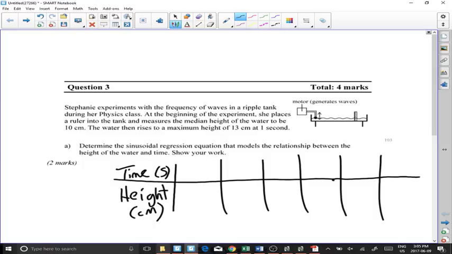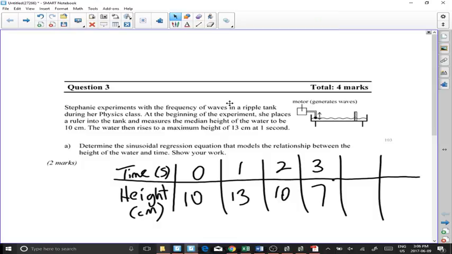At 0 seconds, it's at a height of 10 centimeters. At 1 second, it's at a height of 13 centimeters. At 2 seconds, it'll be back down to 10. At 3 seconds, it'll be down to 7 centimeters. And at 4 seconds, it'll come back up to 10.